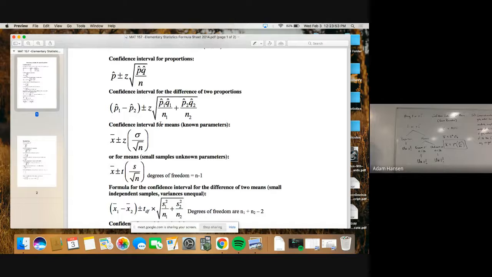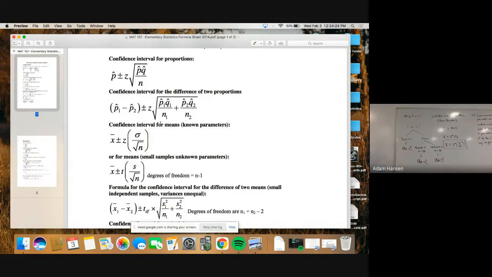What makes these two formulas different from each other? Z or T? Why are they using a z-score for known parameters and a t-score for the unknown parameters? What else is different about those two formulas besides z and t? The standard deviation.